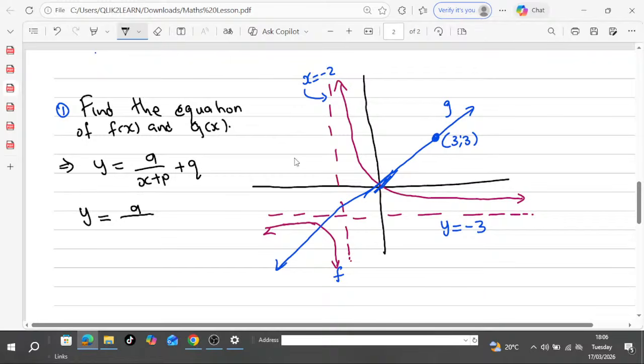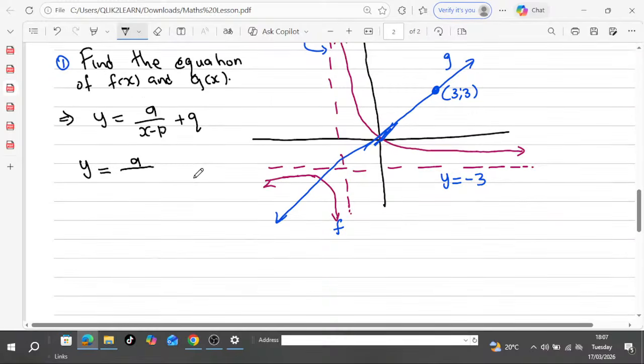First we have to check your asymptote. Your asymptote is x equals negative 2. Let me write the equation correctly here. It's not x plus p. Most of the time we always use x minus p, so that when we substitute, everything will make sense. So this is x minus p.